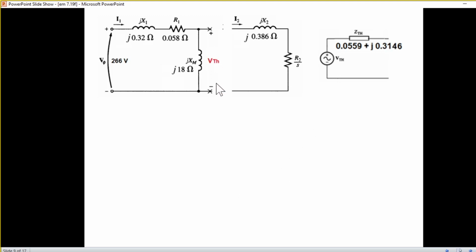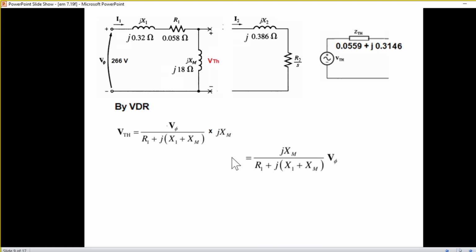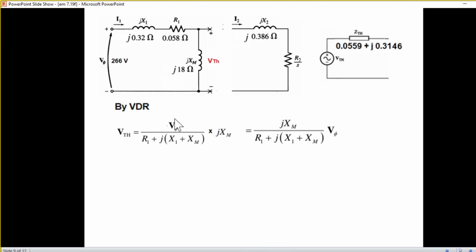Now we'll find V Thevenin. By voltage division rule, total voltage divided by total resistance and multiplied by the resistance across, we are going to find it. Same thing, plug in the values, V Thevenin.